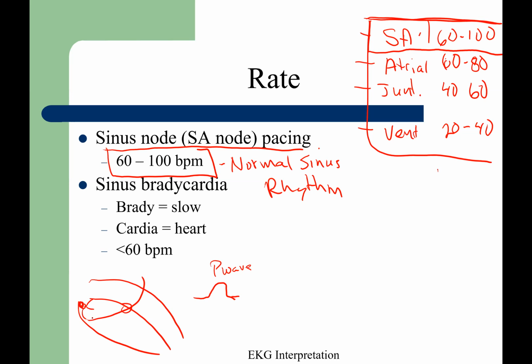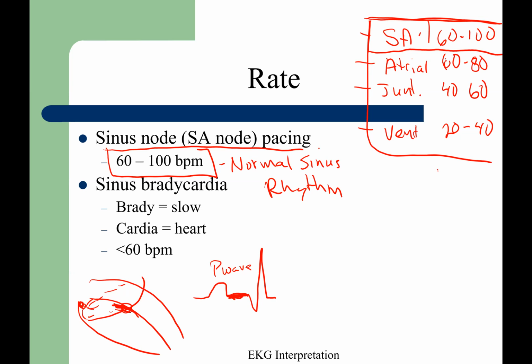Once that signal goes through the atrium, it arrives at the AV node and passes through it, but before that happens, we see a small pause in conduction, which is that flat line we see after the P wave but before the QRS complex.